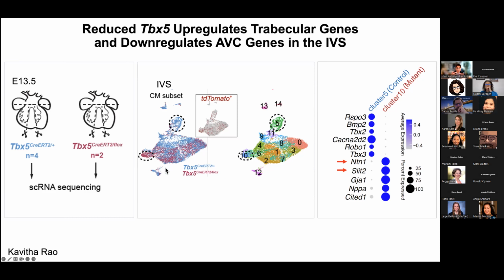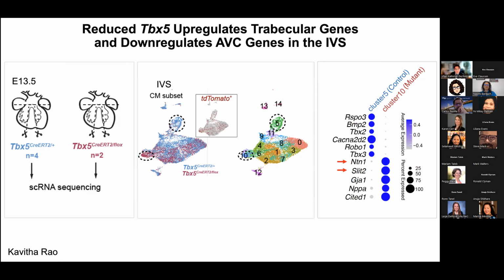That's just to say it identifies how cells are related. Here is a UMAP that represents the two genotypes, and this UMAP represents the different cell clusters that we observe.